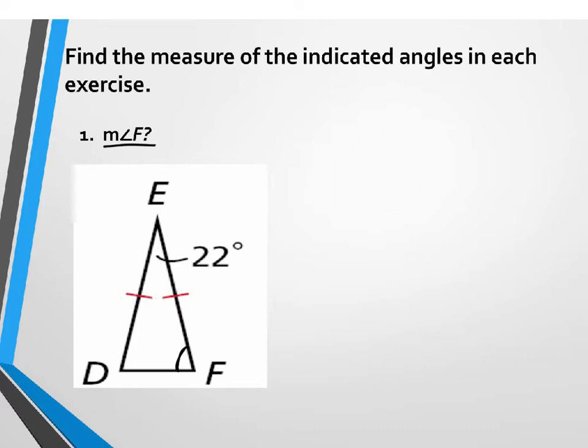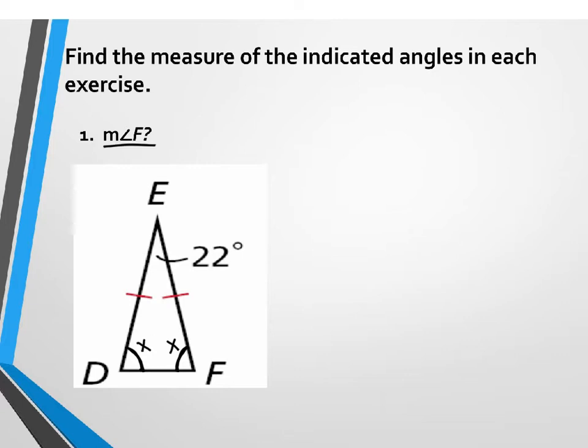Therefore, using that theorem, these angles are congruent. So I'm going to label this angle X, and this angle is also X because these are congruent angles. Now we can use the triangle sum theorem.